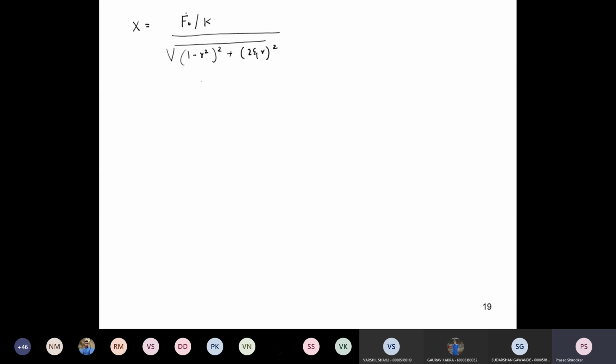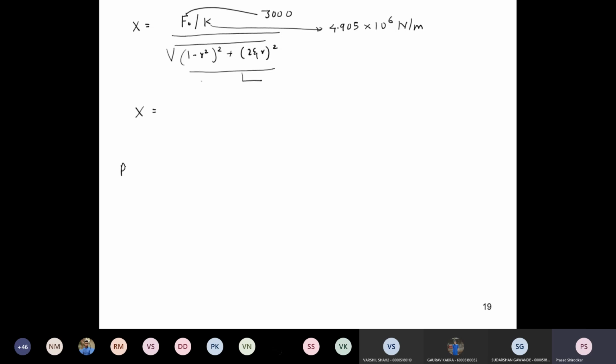F0 is 3000, and K is the value you have calculated, 4.905 into 10 raised to 6 Newton per meter. Substitute all the values in this equation and find out x.